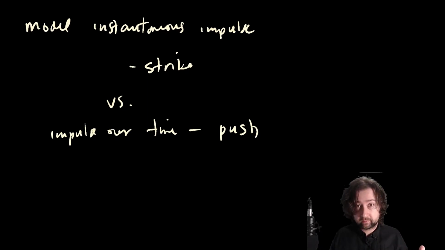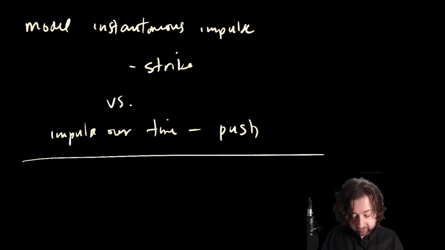To study this, we're actually going to need to define a function that is going to give us what's called a unit impulse. So we want to study a family of functions that give us a unit impulse. That is, the impulse is 1. Okay? And we also want that to be instantaneous.